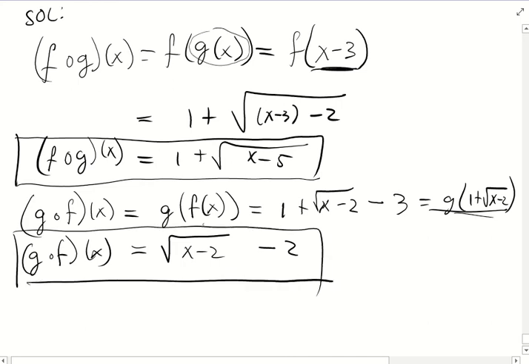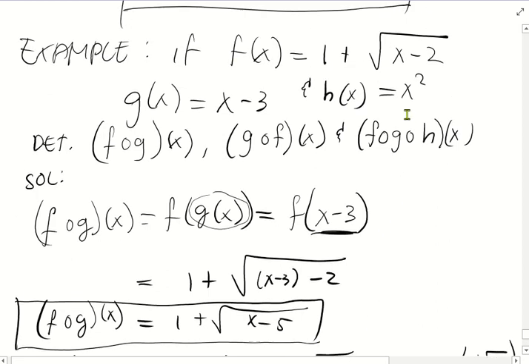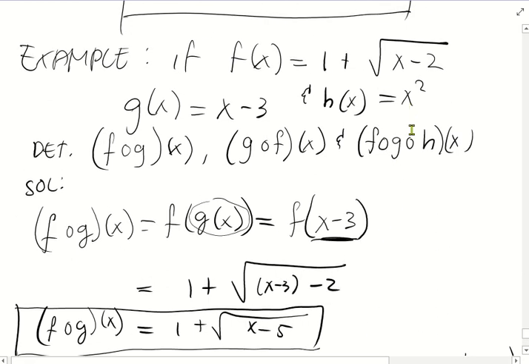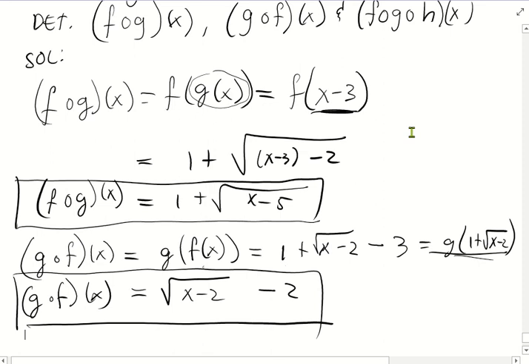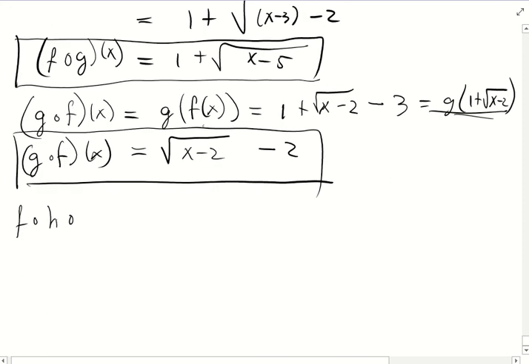Okay. Then the last part, we compose three functions, f of g of h of x. So it's f composed of g composed of h of x, and this is equal to f of g of h of x.